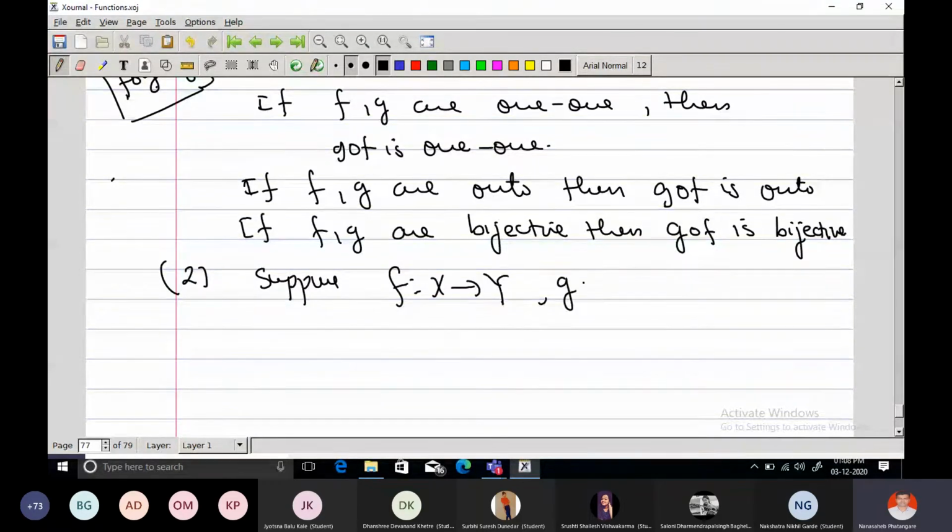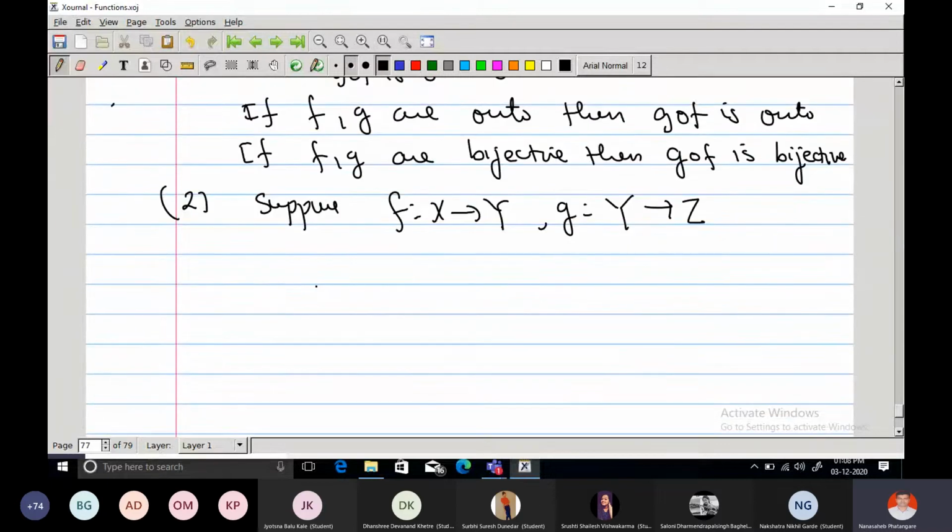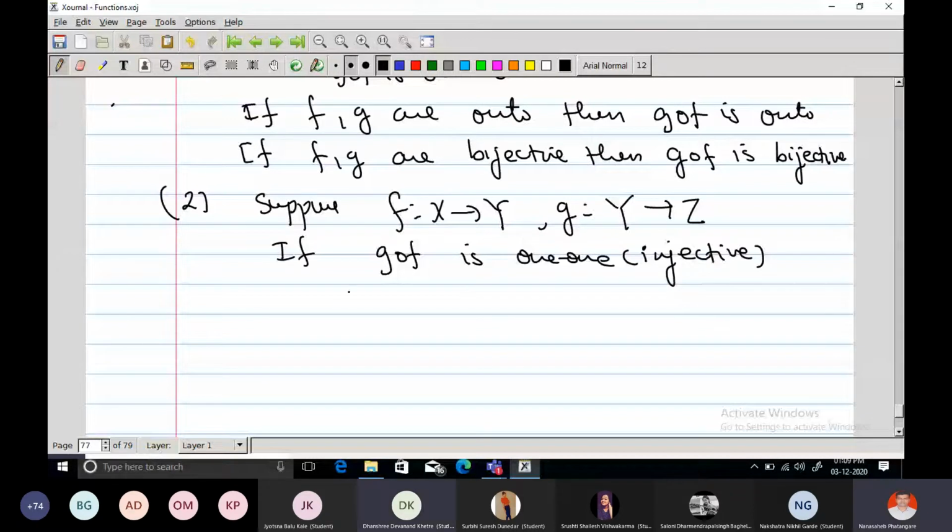If g composite f is onto or injective, then what can we say about f and g? f is onto. Then f is 1-1, right?